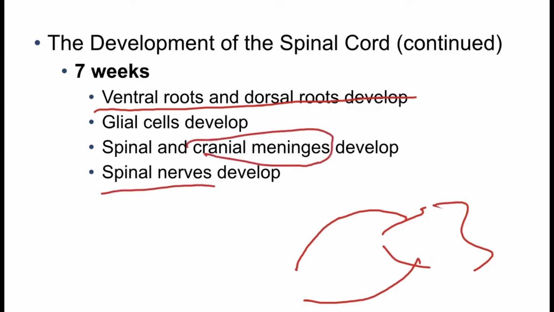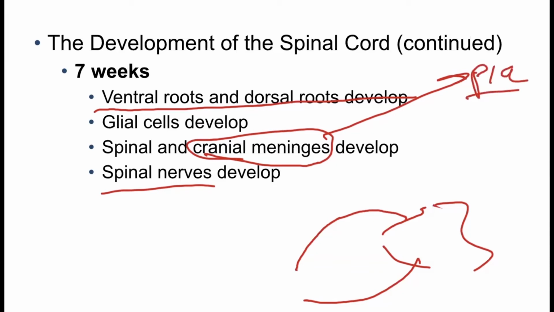The cranial meninges: how many meninges are developed in the cranium? How many layers? 3. What's the innermost layer? The thin layer, when it looks like cellophane on the brain. It's just really thin, protects the brain. Dura? No. Pia mater.